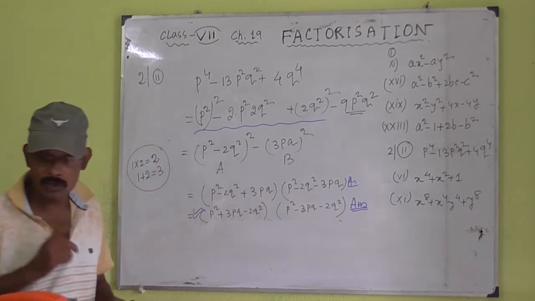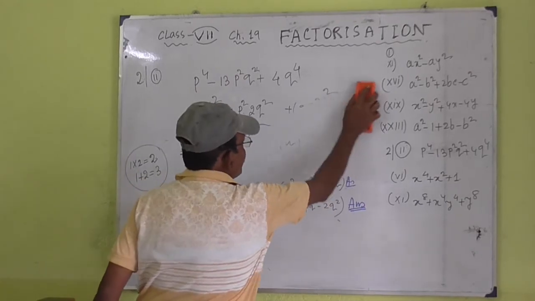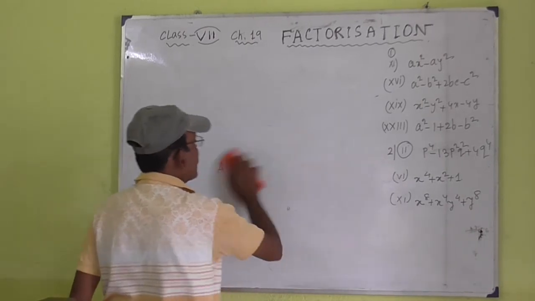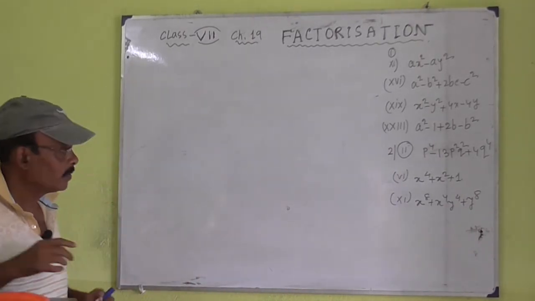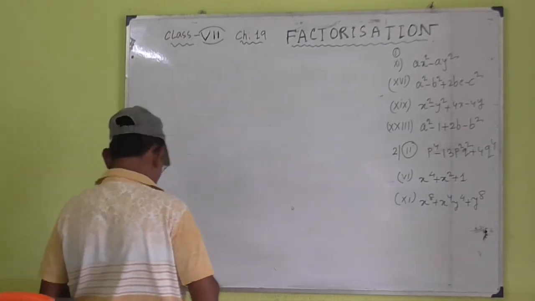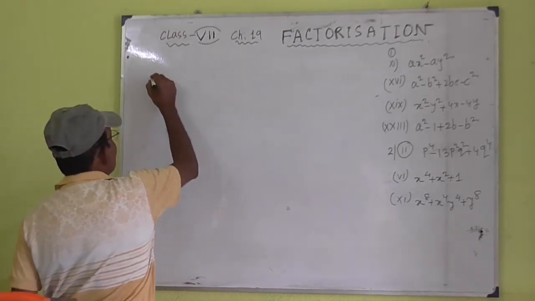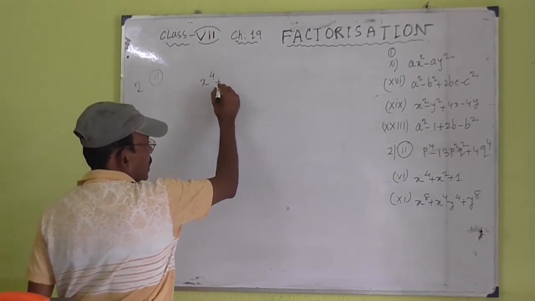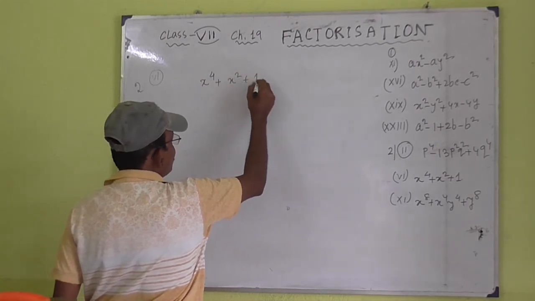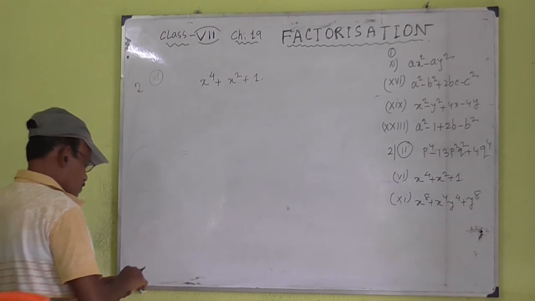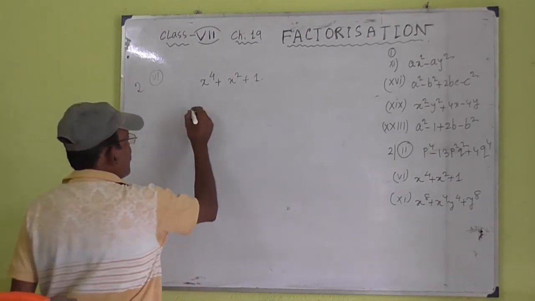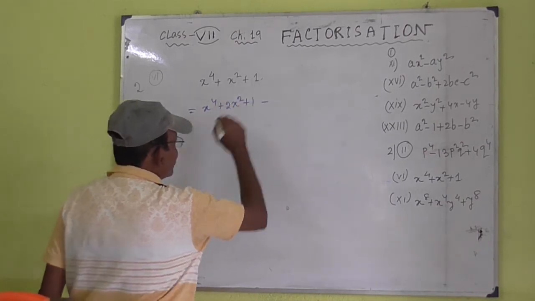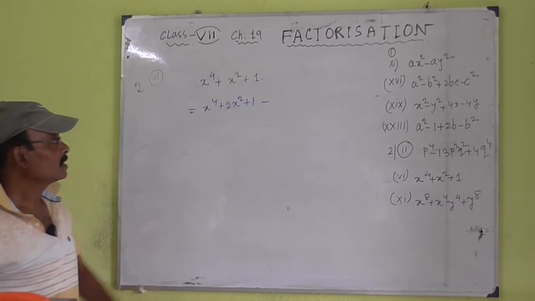Now, I will teach you the next sum. Next sum is x to the power 4 plus x square plus 1. To make this sum, we take 2x square plus 1, but here this is x square.